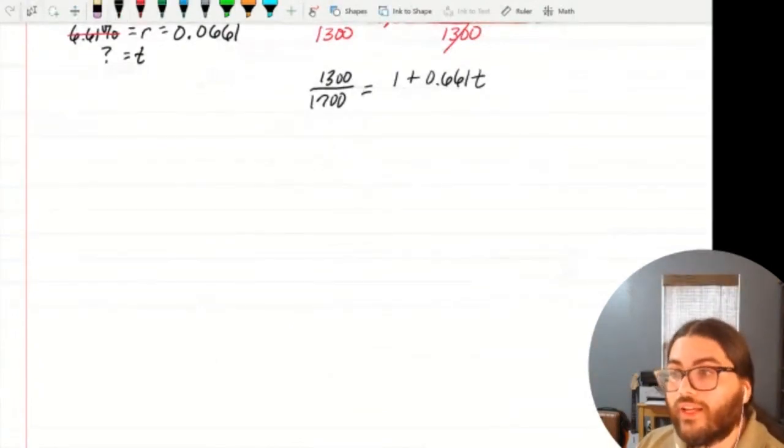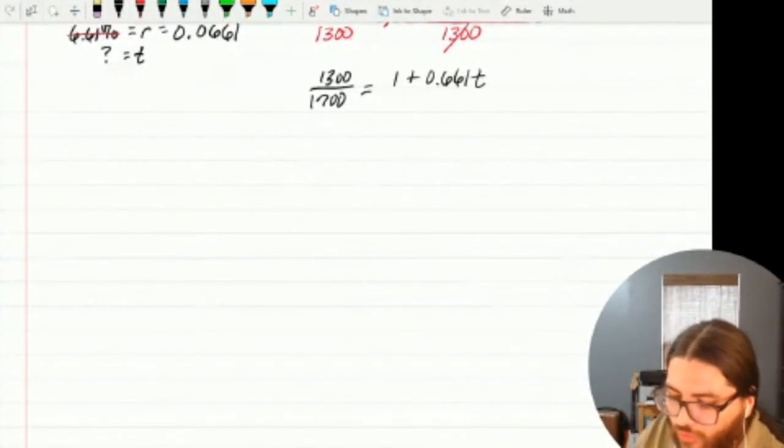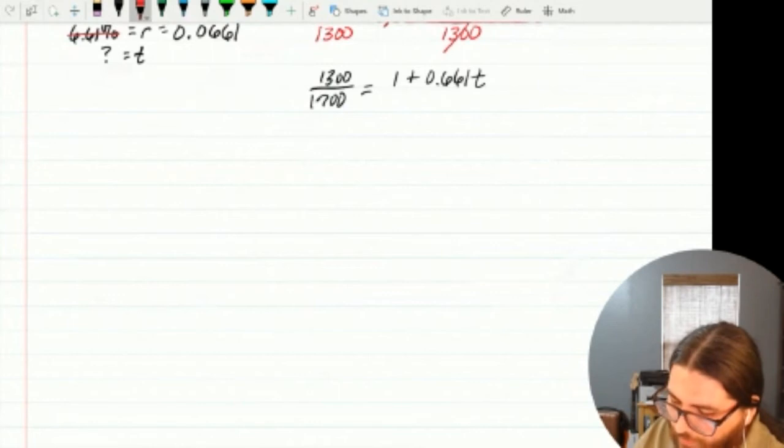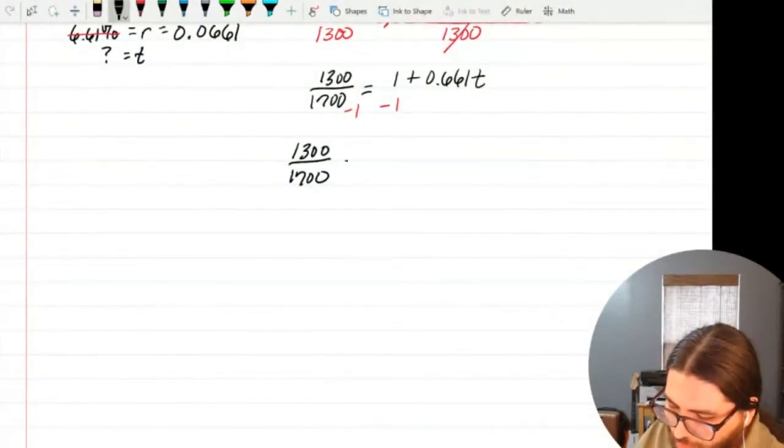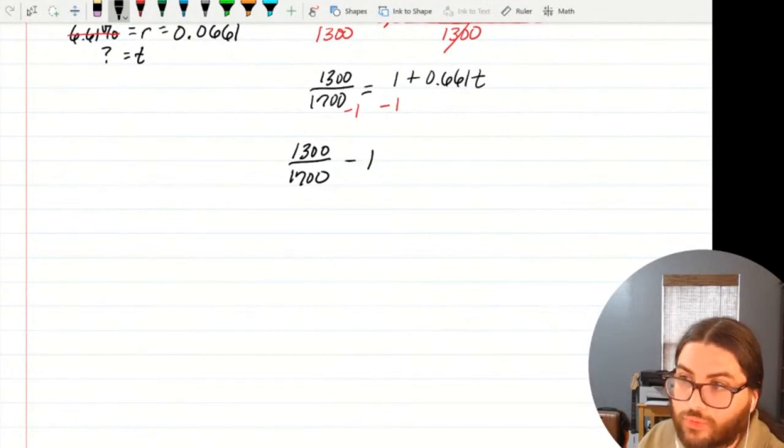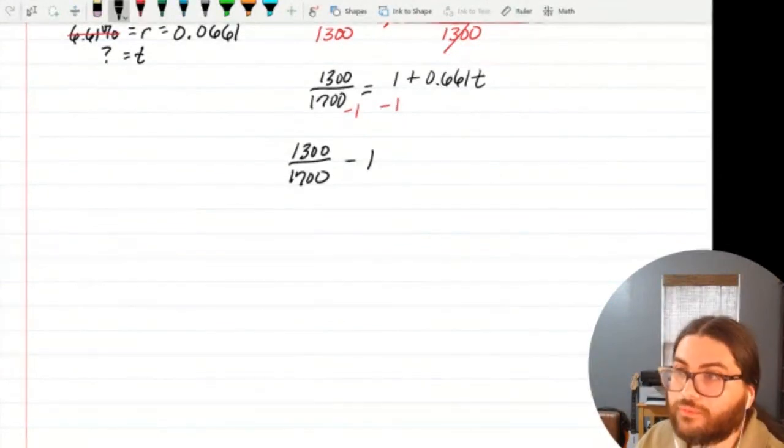You can let your calculator handle that at the end. As long as you type it into the calculator correctly, it will deal with it. I can minus 1 from both sides. It's going to look a little silly. 1300 divided by 1700 minus 1, like that. Don't try to put that minus 1 inside the fraction.